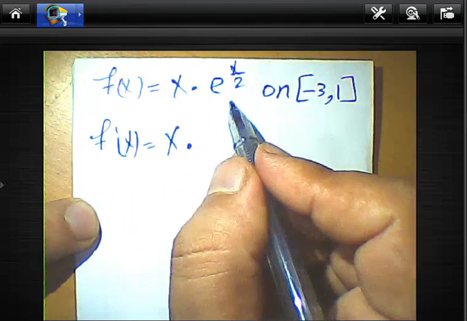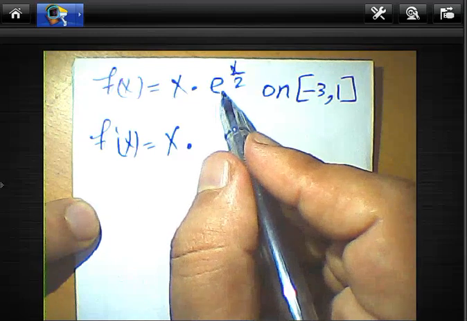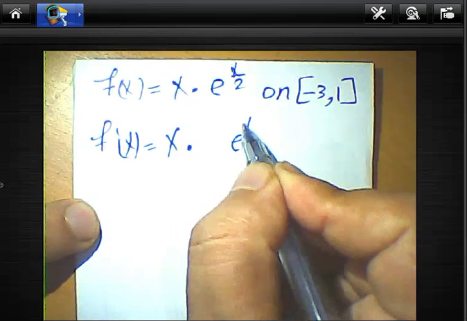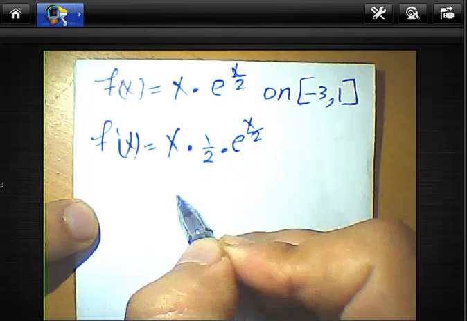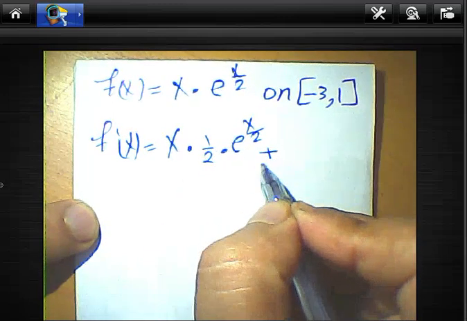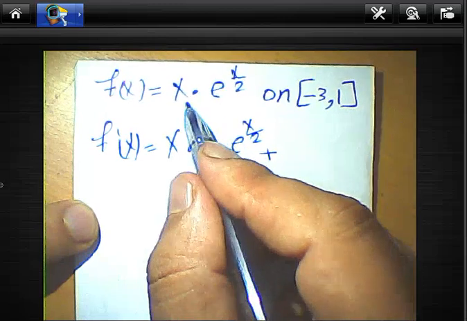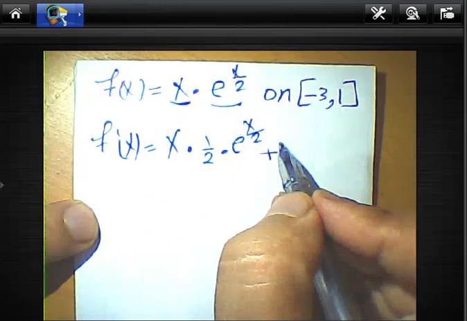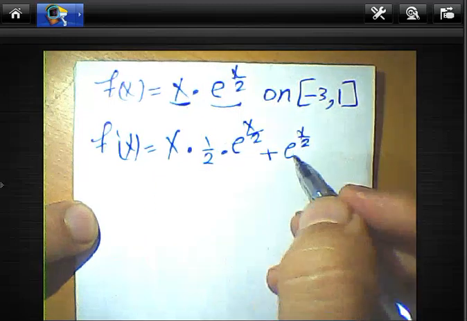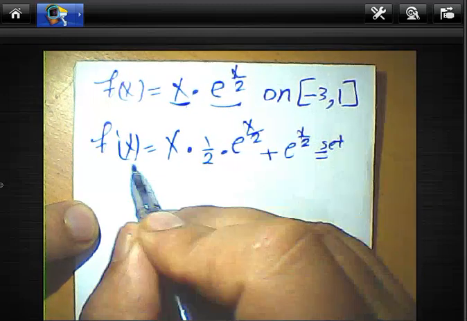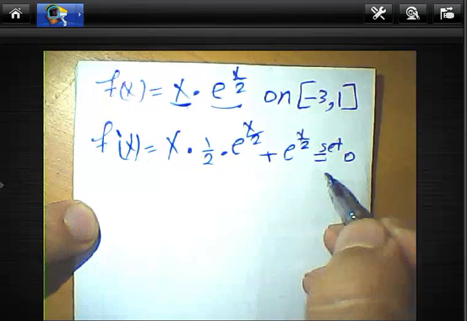We write the derivative of e to the power x over 2, which is e to the power x over 2 multiplied by the derivative of the power, which is half. Plus, we write the second, e to the power x over 2, multiplied by the derivative of x, which is 1.